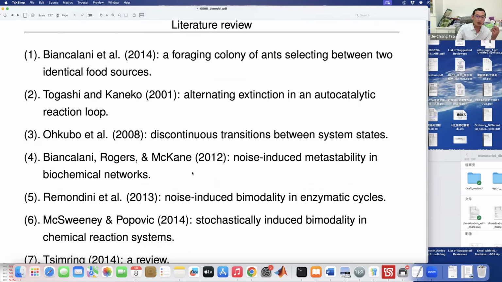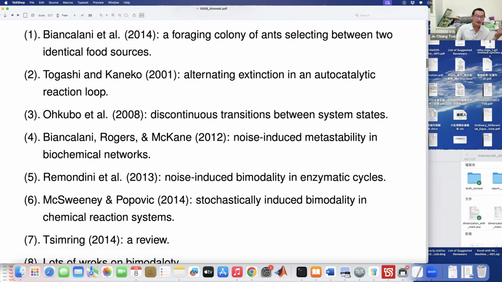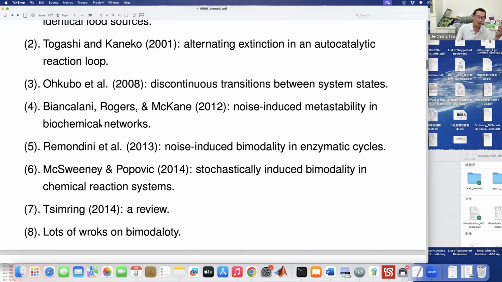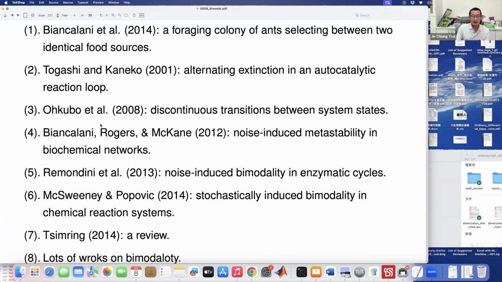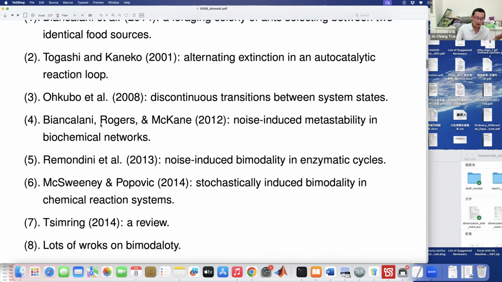There are many works in this direction, and I list some of them, but not all of them, because there are too many studies along this direction. Most of them, as I said in the beginning, are based on numerical computation.